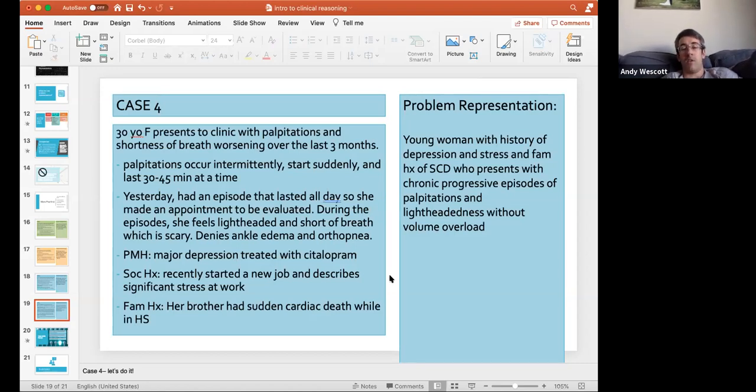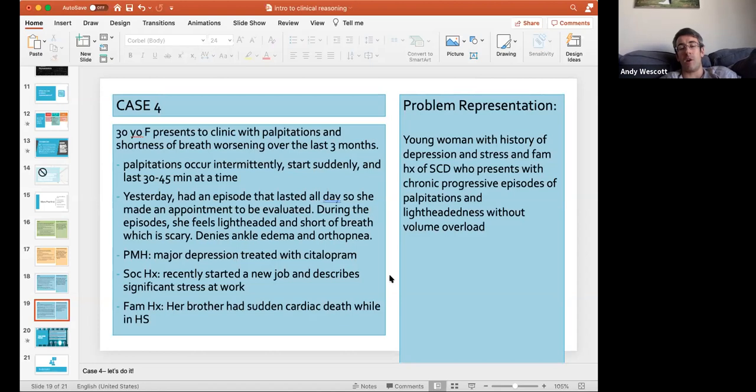I would have liked to know if she had chest pain. It's unlikely when it's a chronic process, but there is an acute worsening just the other day, so that would make me concerned.